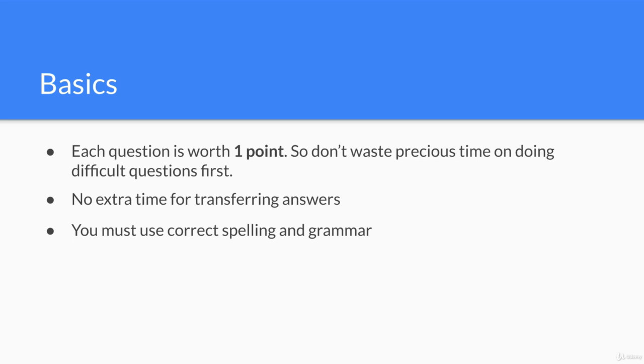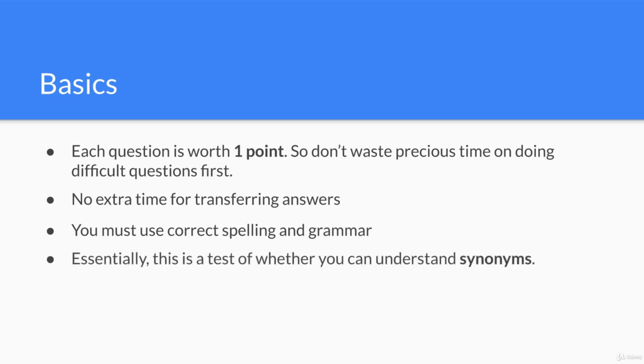Because let's say if you answer the question correctly, but you spell it wrong, then what's going to happen is you will not get any points for that. So even though your answer is correct, because your spelling is wrong, you're not going to get any points for that. So spelling and grammar are important when you are jotting down your answers on the answer sheet.